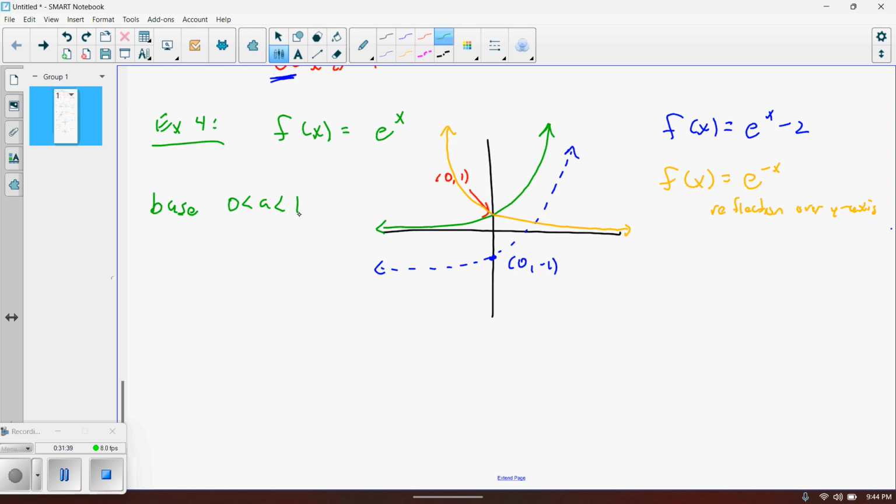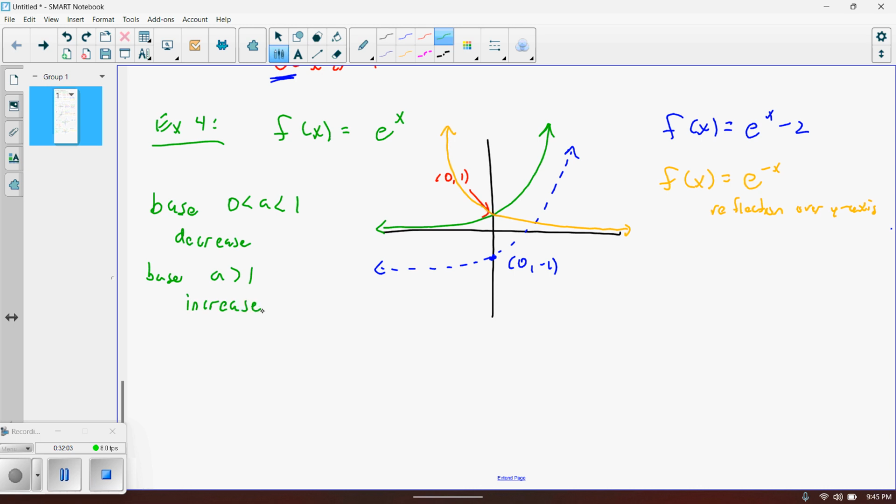It's going to look more like the orange one did. So the function will decrease from left to right. If your base is greater than 1, then it's basically going to be just like it looks right now. So the function will increase.